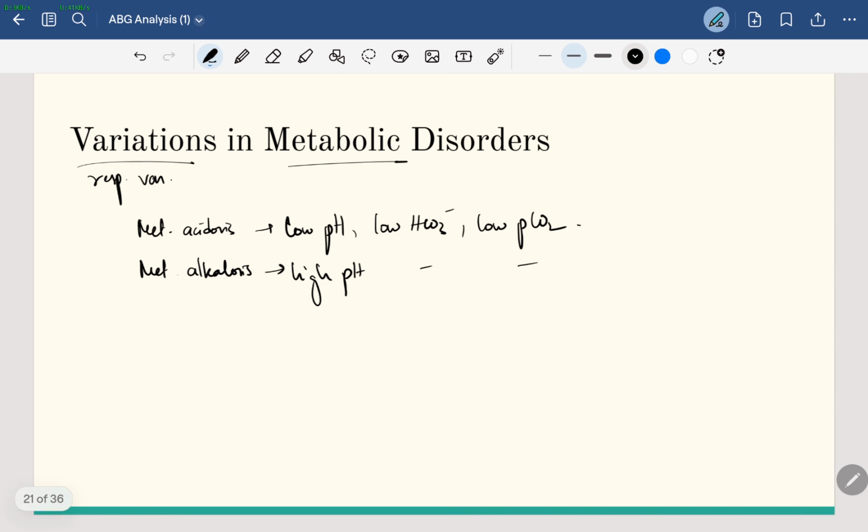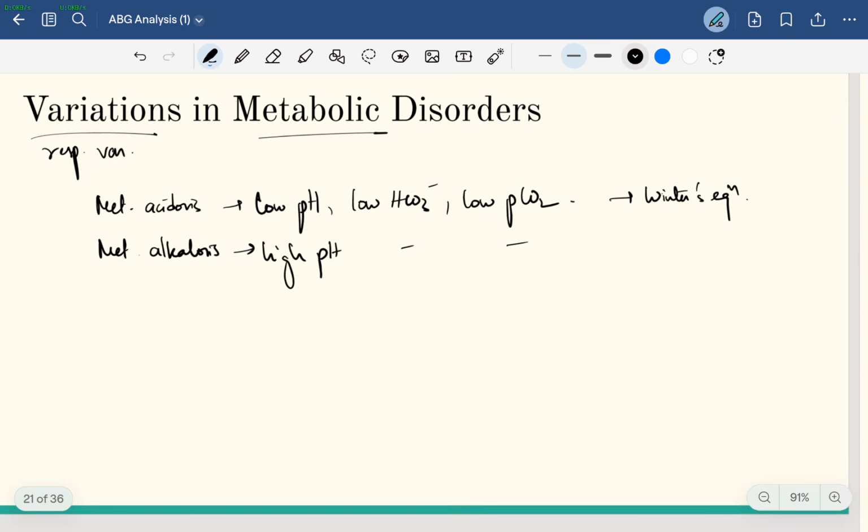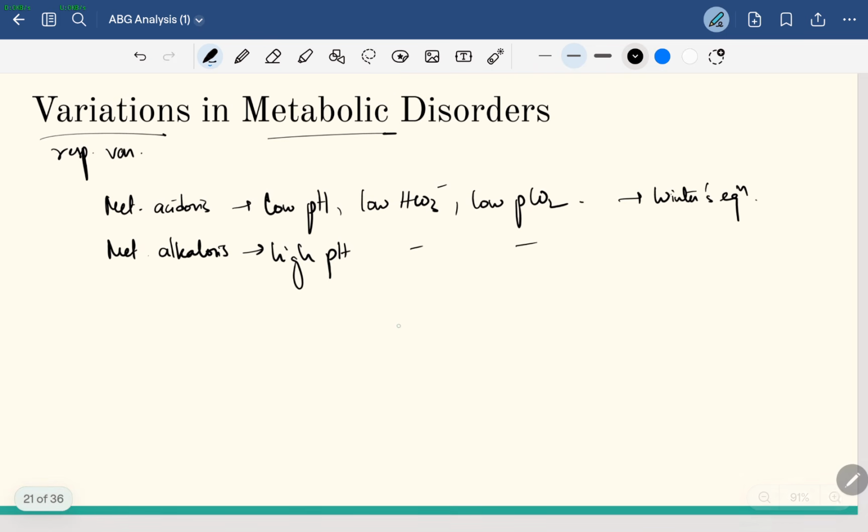Now, in the context of metabolic acidosis, we did discuss Winter's equation as a way to estimate compensation, but that can't be applied to metabolic alkalosis. And so, as a rule, which I will describe here, consider normal values. For bicarb, we know that the normal is 24, and we know that for PCO2, the normal is 40.